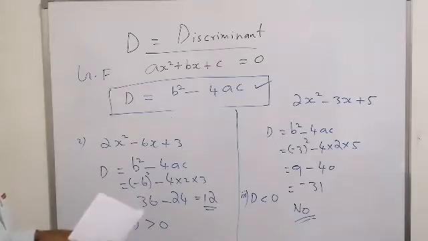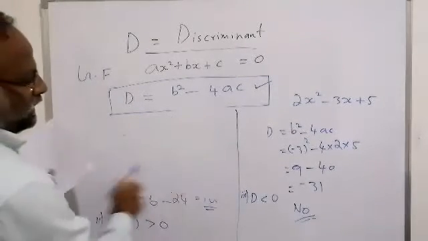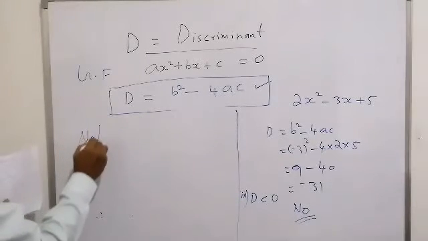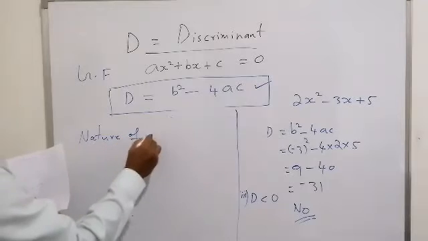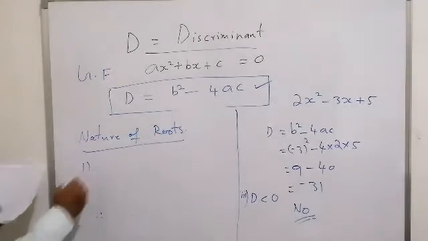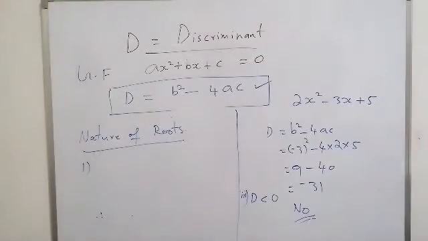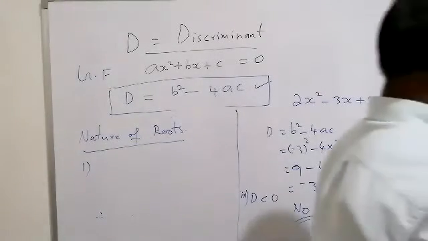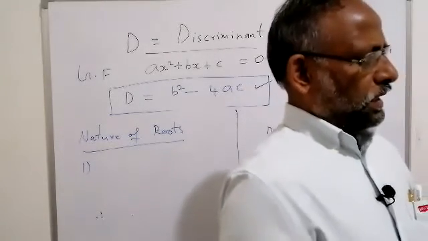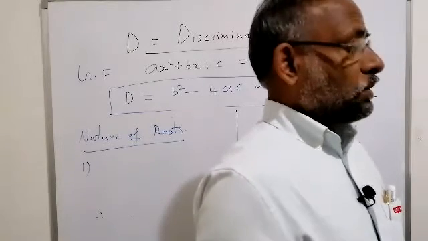Nature of roots. b² − 4ac determines whether the quadratic equation ax² + bx + c = 0 has real roots or not.